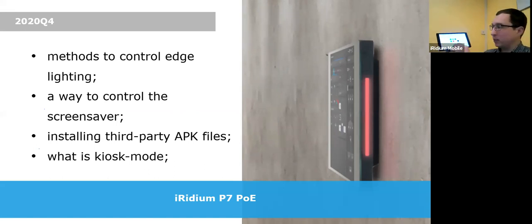Launcher mode means that if I try to change this application to another one, this application will be started again. If I turn off the power, after restarting, this panel will start with our application. Or I can use kiosk mode, kiosk on.